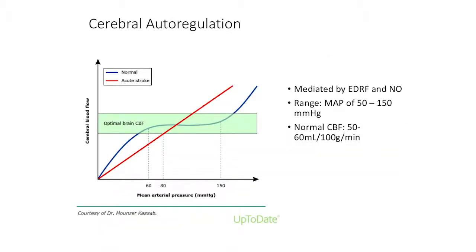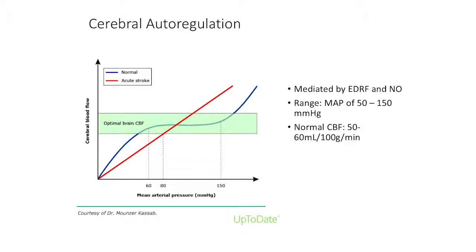So mean arterial pressure should be maintained between 50 and 150 to maintain cerebral perfusion. Exactly that, the brain only accounts for 2% of the body, and cardiac output is actually 15%.